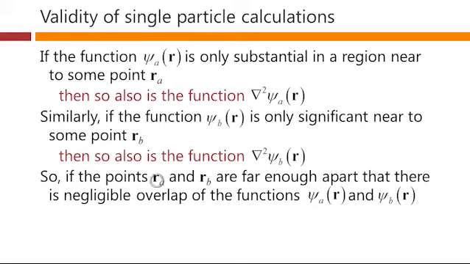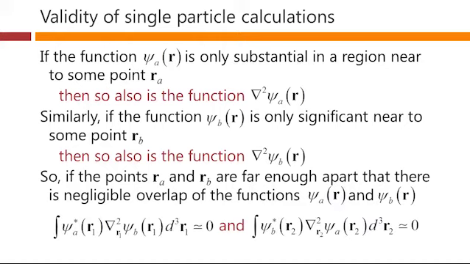So if the points Ra and Rb are far enough apart that there's negligible overlap of these two wave functions, then this product here is approximately equal to 0, and so is this one, because this function doesn't really overlap with that one, and similarly this function doesn't really overlap with that one.